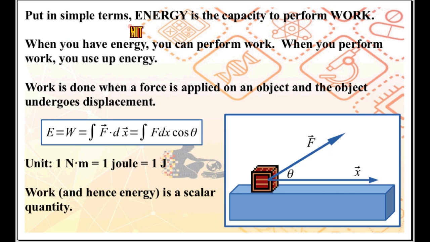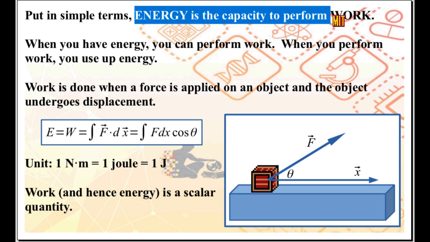And put in simple terms, energy is the capacity to perform work. When you have energy, you can perform work, and when you perform work, you use up energy. We use variable E, at least for this equation, for energy and capital W for work.